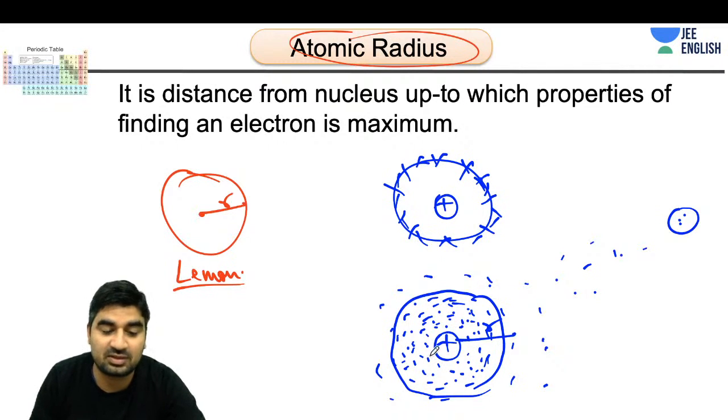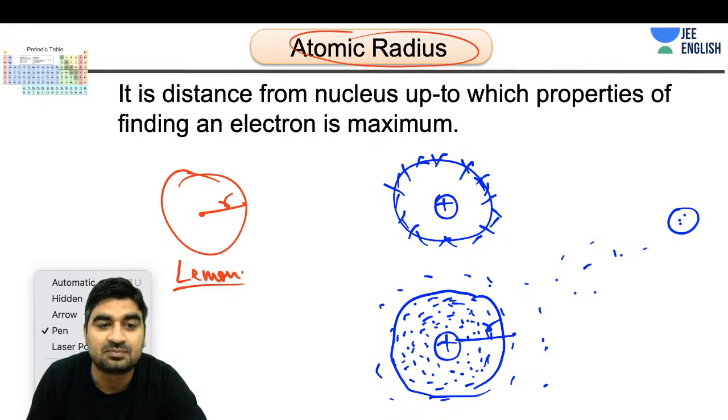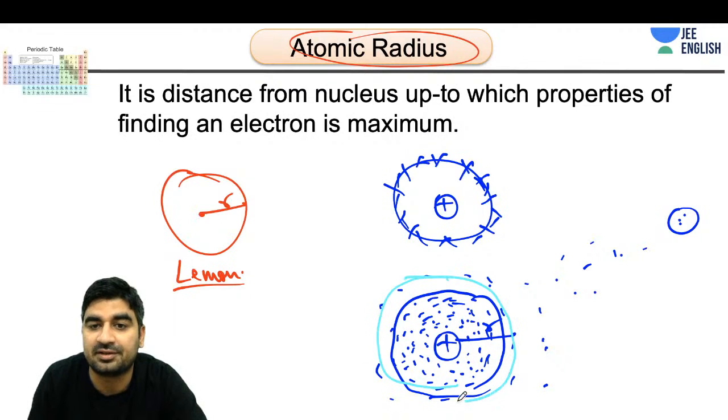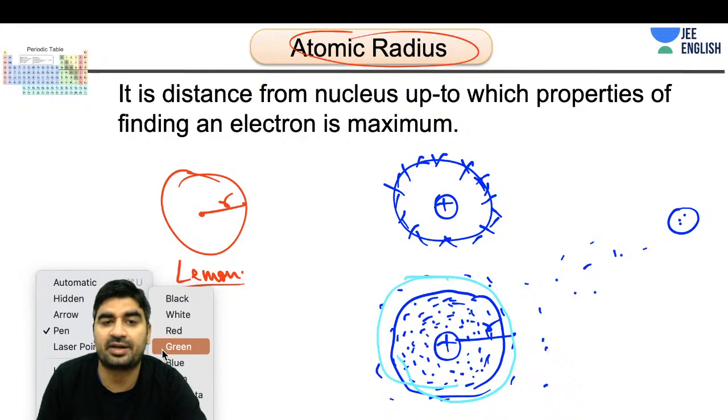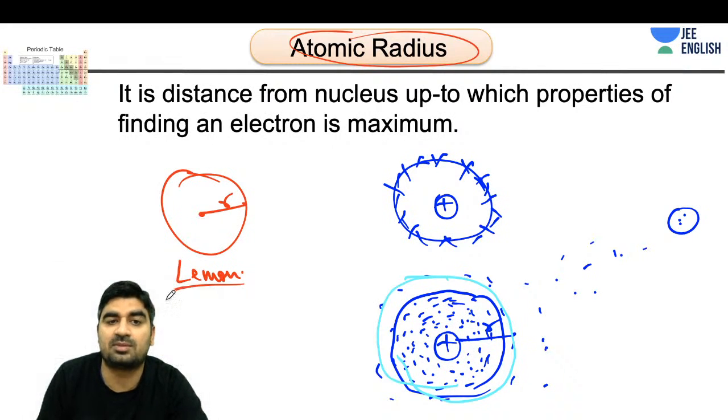Someone else might say, no, I do not agree with you, this will be the radius. So it is not a well-defined boundary. It is simply an approximate distance.